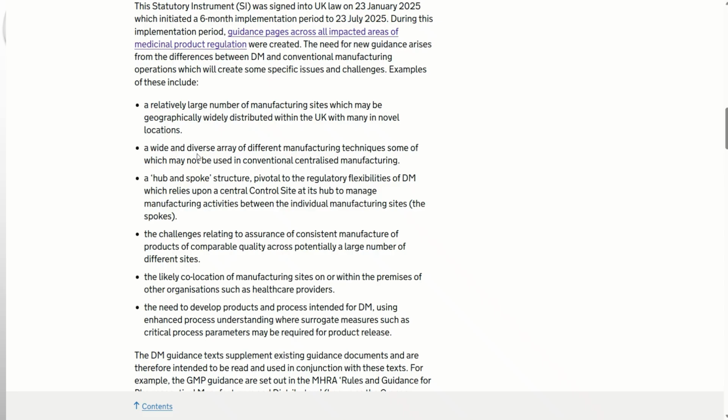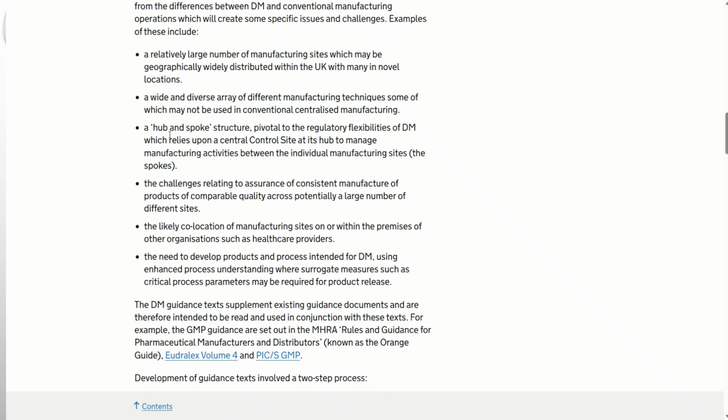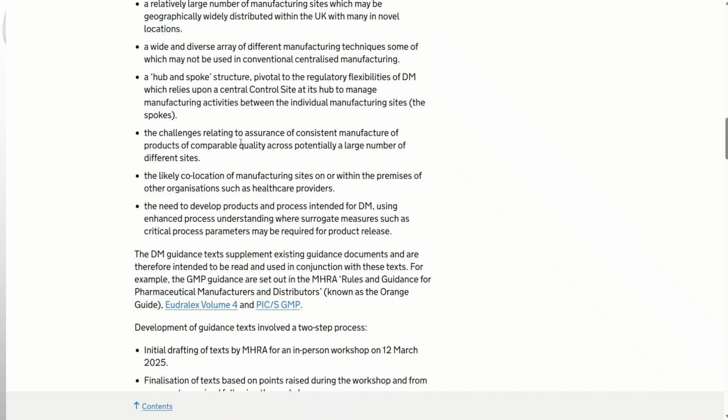A wide and diverse array of different manufacturing techniques, some of which may not be used in conventional centralized manufacturing. A hub and spoke structure pivotal to the regulatory flexibilities of decentralized manufacture, which relies upon a central control site as its hub to manage manufacturing activities between individual manufacturing sites, which would be the spokes. And the challenges relating to assurance of consistent manufacture of products of comparable quality across potentially a large number of different sites.